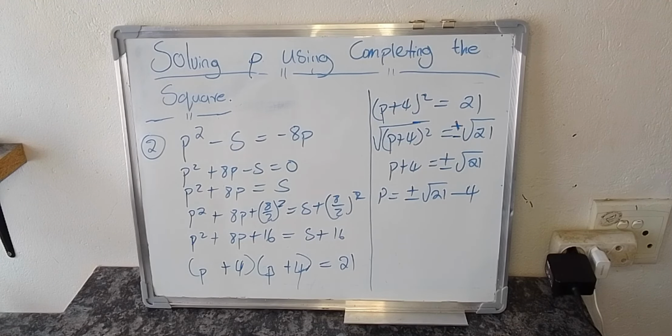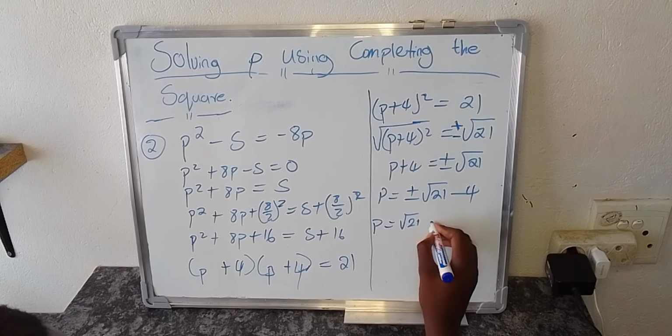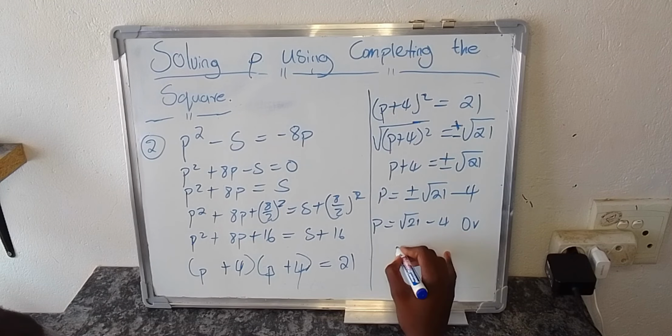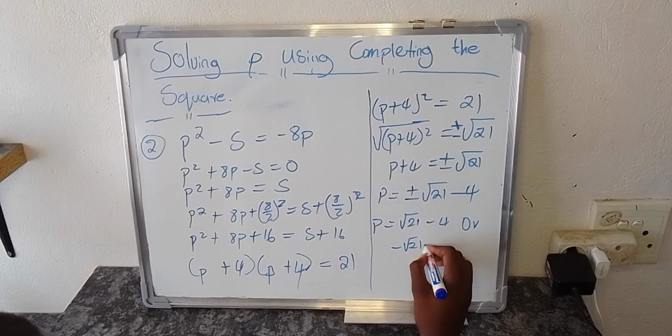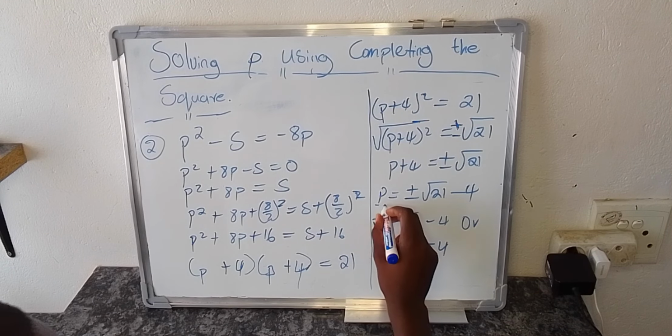So this is our final answer: p is equal to square root of 21 minus 4, or negative square root of 21 minus 4. So this thing is the same as this thing.